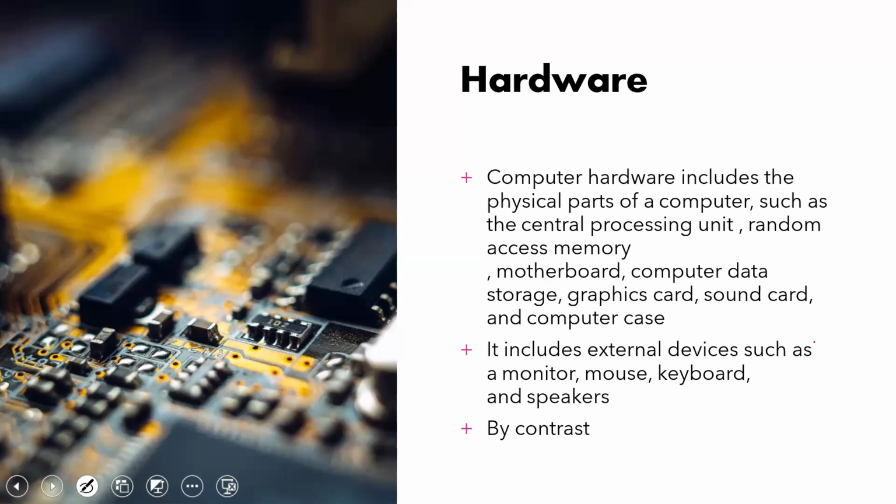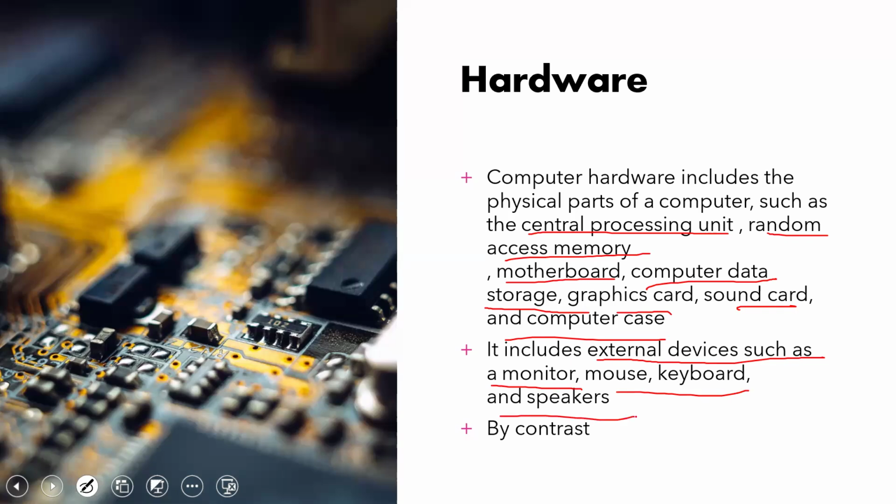The hardware includes the physical parts of the computer, such as the central processing unit, the random access memory, the motherboard, the computer data storage, the graphic cards, the sound cards, and even the computer case. It also includes external devices such as the monitor, the mouse, keyboard, and speakers.